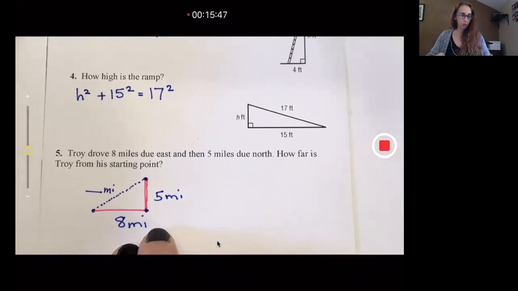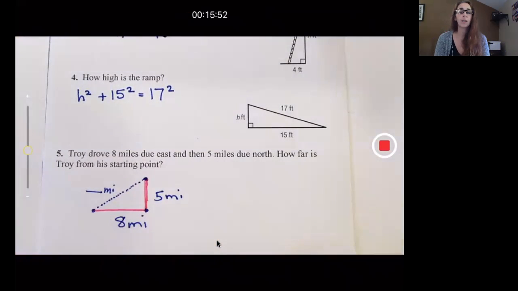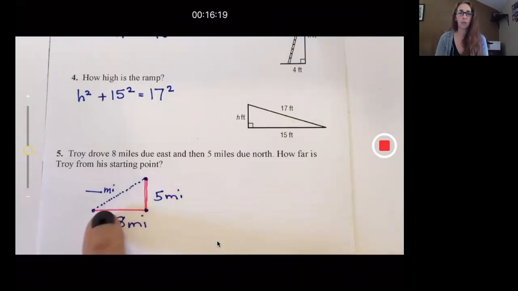And we'll get into this in the next video, using the Pythagorean theorem for the distance formula. We've already kind of done this with slope. Notice this is our right angle. If we think about this like our coordinate plane, this is our rise, this is our run, and this is the slope. It's the distance between those 2 points.